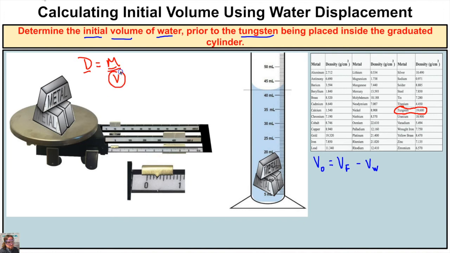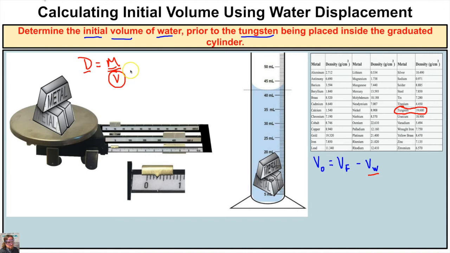And so what we can do is solve for the volume. We can calculate the volume of the metal that has been placed on this triple beam balance. And once we figure out the volume of this metal, we can then plug it into this formula right here. The initial volume of the water will be equal to the final volume in the graduated cylinder minus the volume of our tungsten. So let's go ahead and figure out the volume of our tungsten.